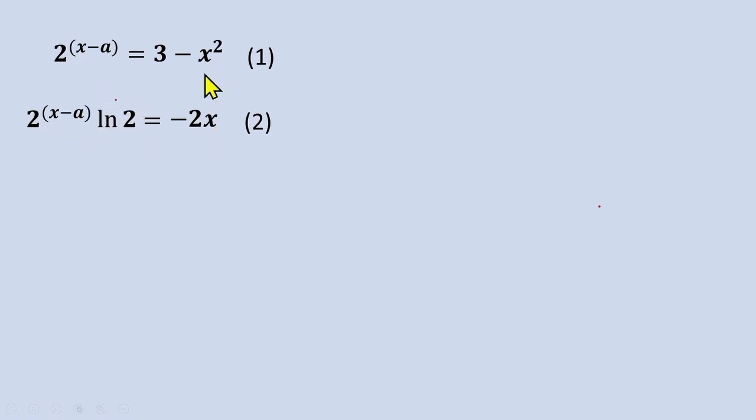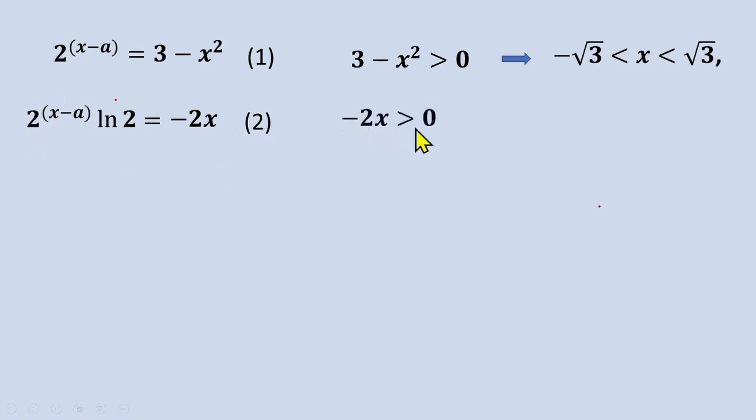Let's first consider the possible values of x. The left-hand side of this equation is positive, so it means that the right-hand side also should be positive. And from this inequality, we can find the range for x between negative square root of 3 and positive square root of 3. Now we look at equation 2, and we see that the left-hand side of this equation is always positive, so the right-hand side should also be positive.